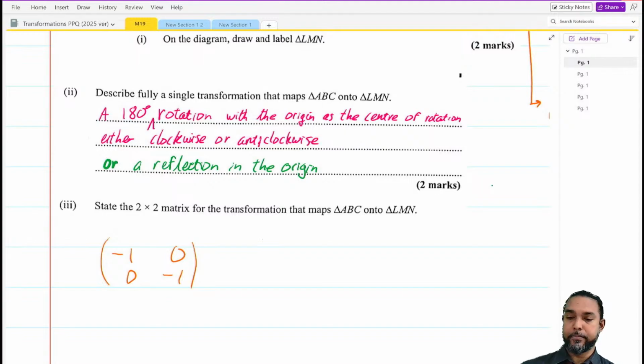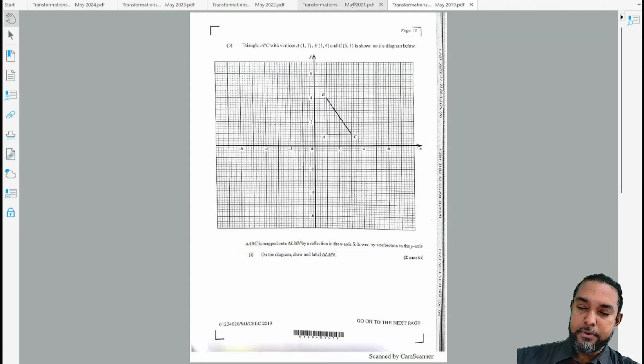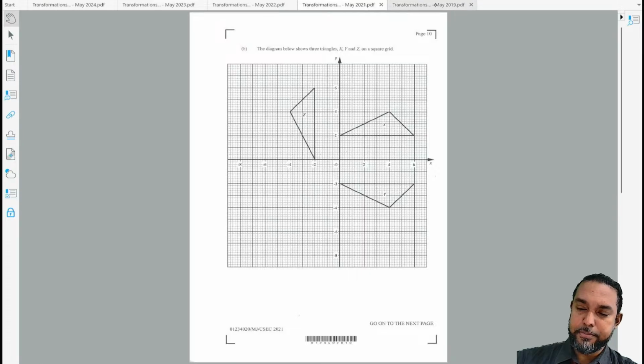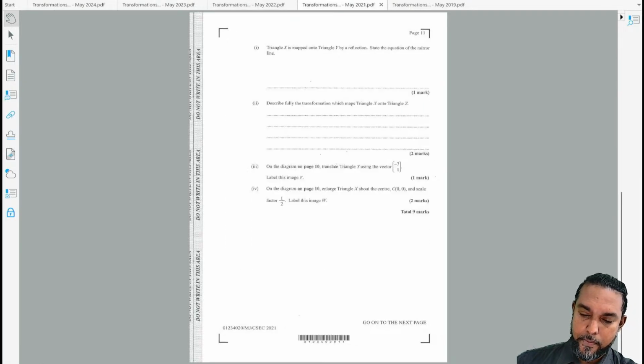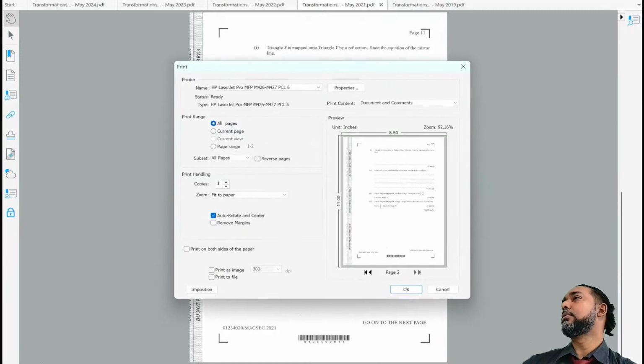All right, ready? Okay, cool. All right, that's May 2019. Let's do May 2018. Sorry, 2021, my bad. This one's also 2 pages. Give me 1 sec. It was 2, 4, 6, 10 copies. Okay, cool.